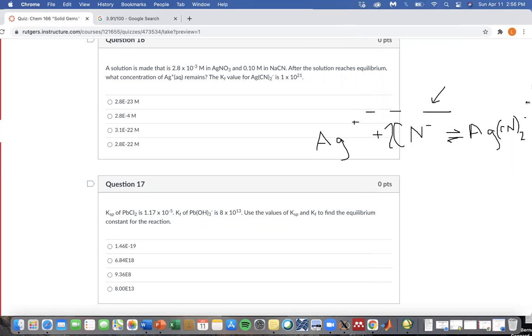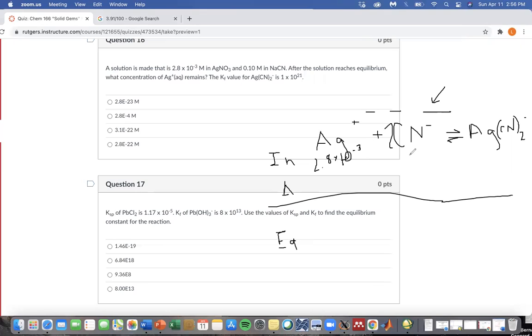To have an ice table here, you'd have your initial concentrations, your change, and then your equilibrium. For the Ag plus, you'd have an initial concentration of 2.8 times 10 to the negative third. For the CN minus, you have an initial concentration of 0.10. And then you don't have any of your complex ion at this point.